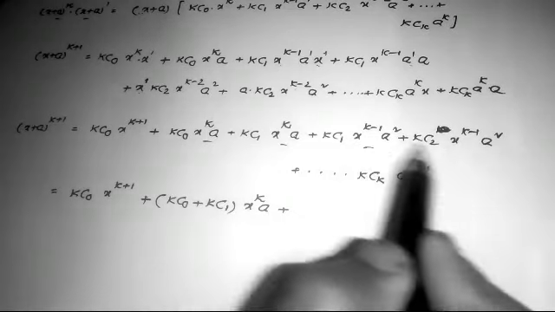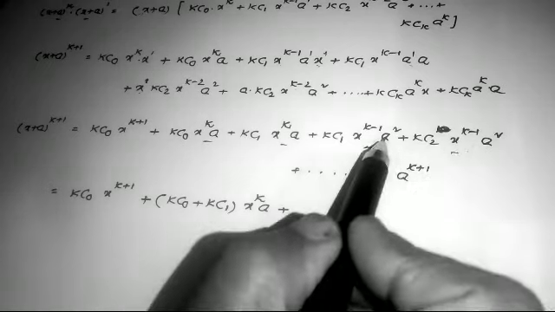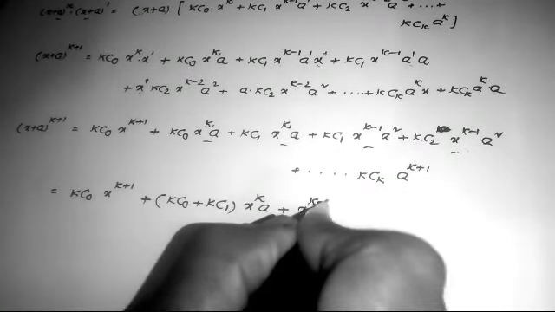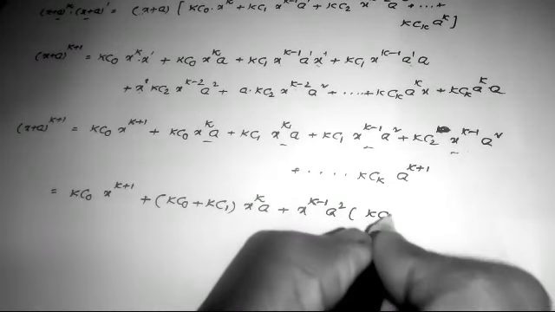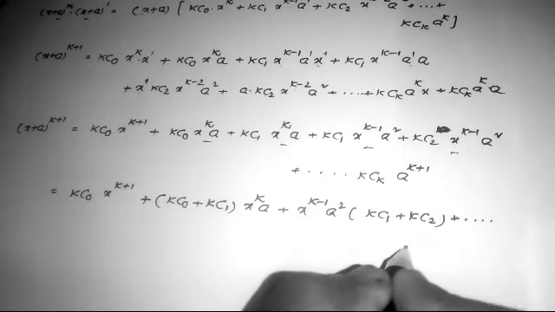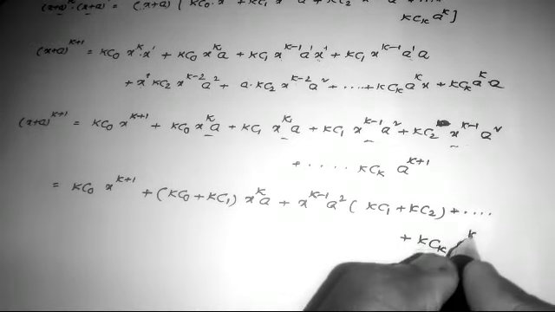Plus, now see these two values, the fourth and fifth. What are the common values? x^(k-1) into a square, into kC1 plus kC2. And so on, plus the last value kCk into a^(k+1).